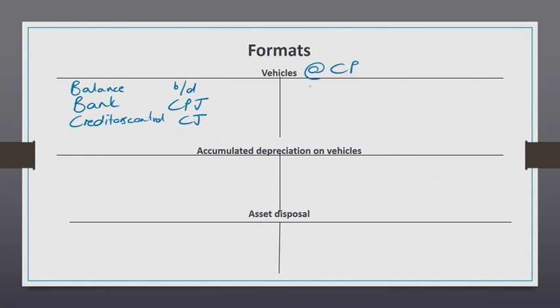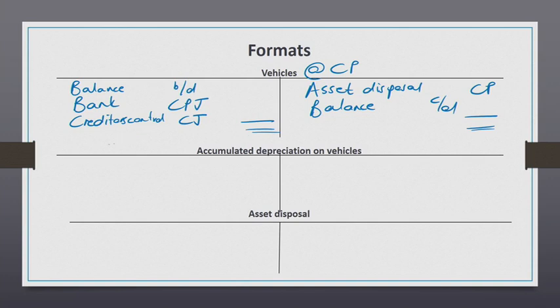So we take out the cost price and we take it to the asset disposal account. That will be the cost price of the item sold, and then we calculate the balance carried down. And our vehicles account or equipment account will always end with a debit balance, can never have a credit balance.